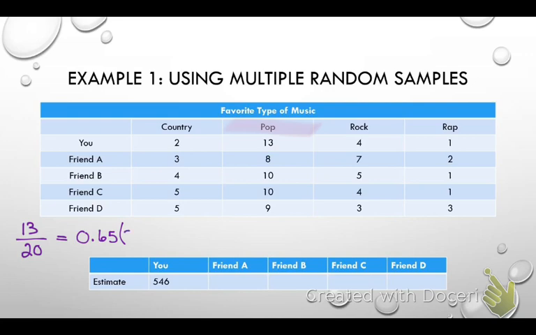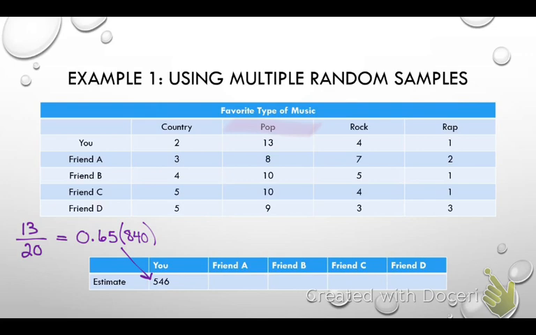Times it by 840, and what number do I get? What's 0.65 times 840? 546. So that's where I get that number down there in my table. The 546 is based on my sample, and then I use that percentage to multiply by the population.